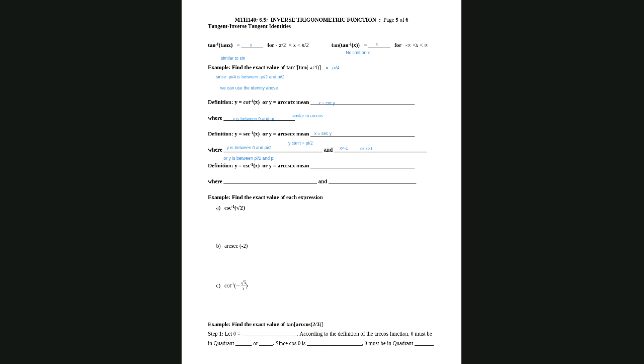I'm going to say that y is greater than or equal to 0, but less than pi over 2, or y is greater than pi over 2, but less than or equal to pi.